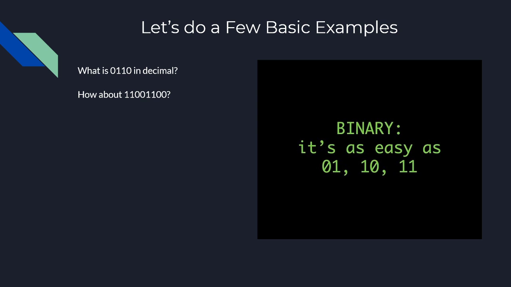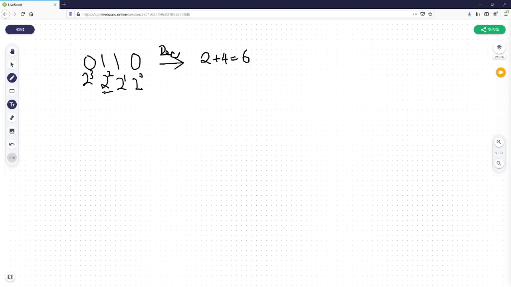So how about 1100? So if we start with 1100, then this is in the 2 to the 0's place.